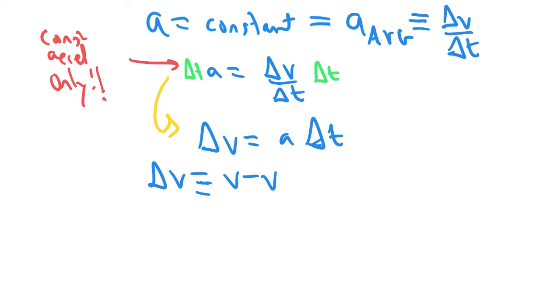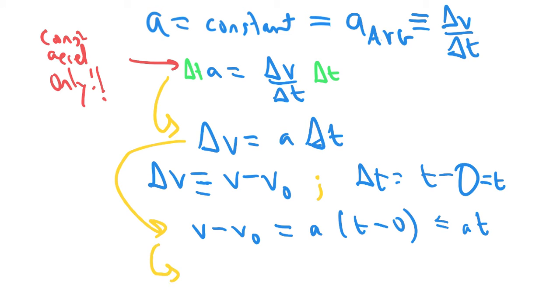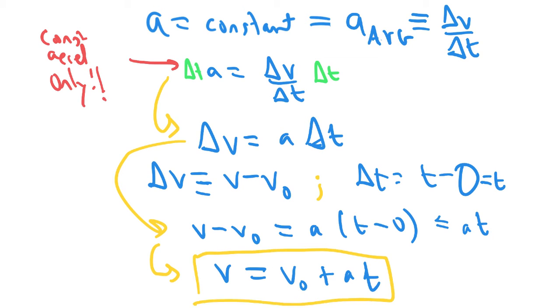And likewise, delta T is T minus T initial, but we said T initial is going to be 0, so delta T is just T. Putting those into this equation, we end up with V minus V0 equals A times (T minus 0), which is just A times T. That gives us our final form: V at any time is V at the start plus A times T.